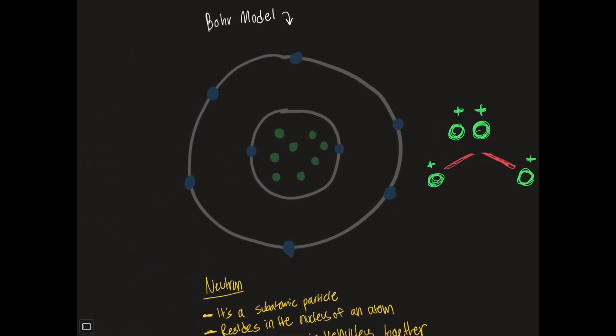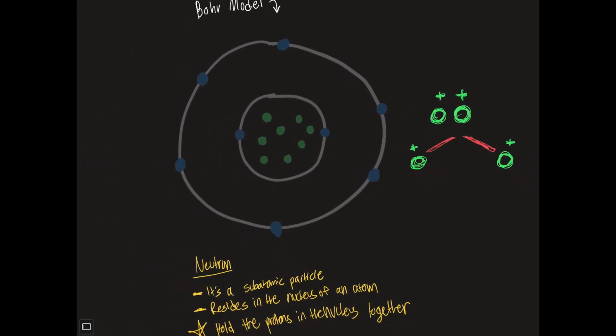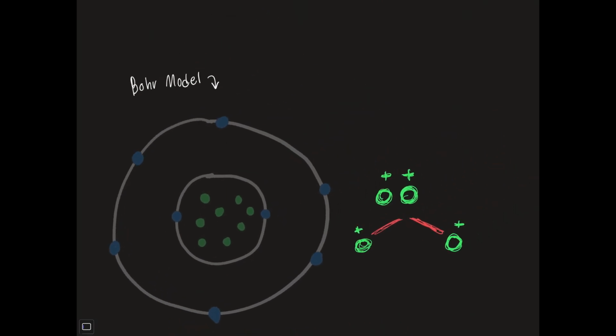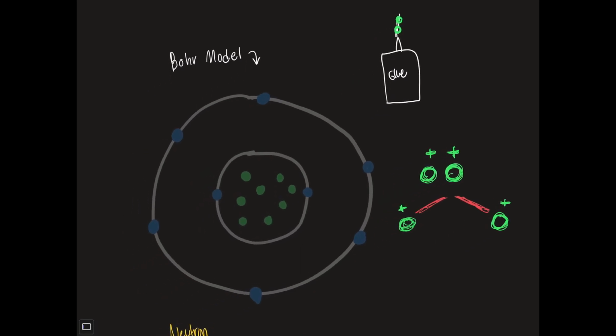So the purpose of neutrons is to hold the protons together. You can kind of think of it as the glue, right, that holds protons together and keeps them from repelling and the whole atom from breaking, right?